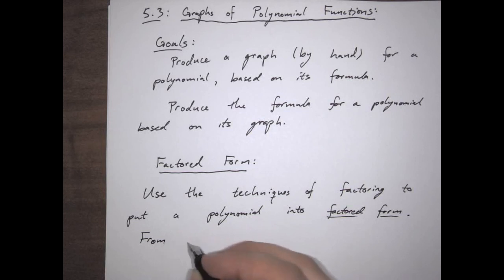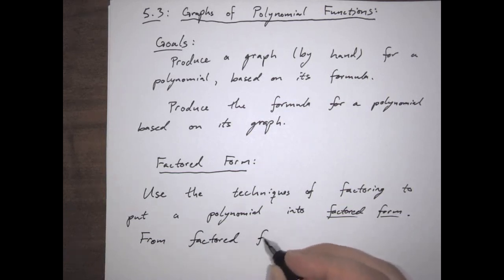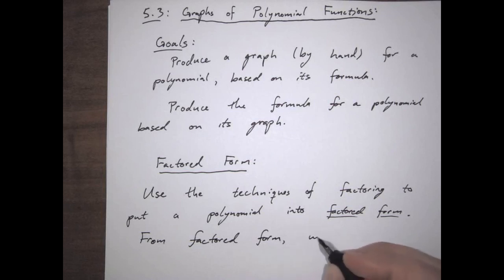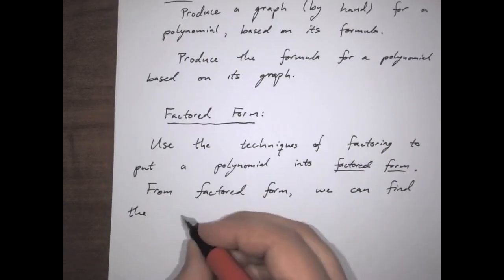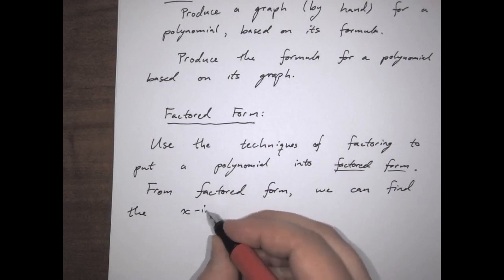From factored form, we can find the x-intercepts.